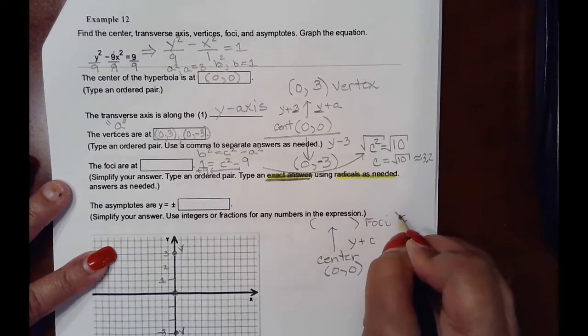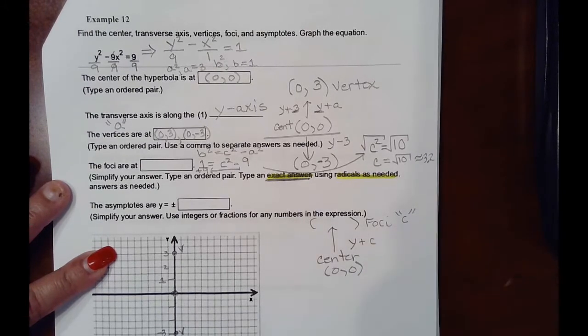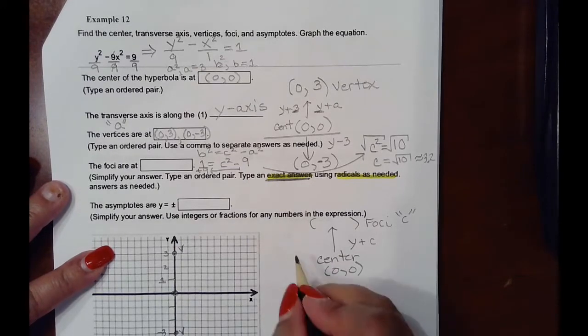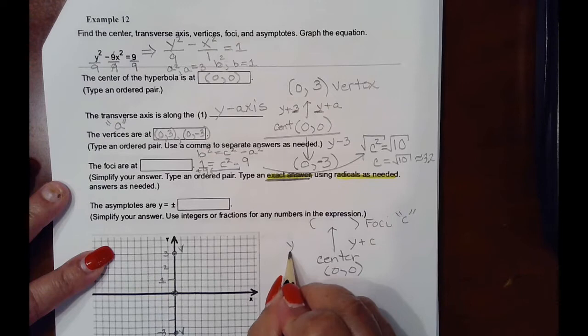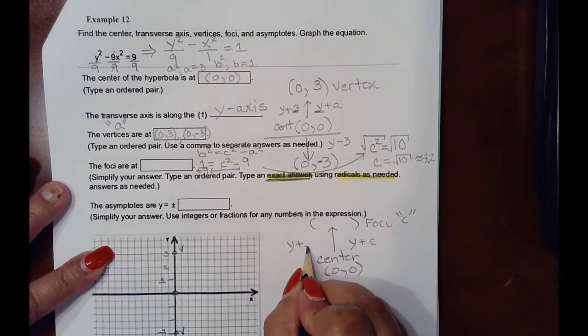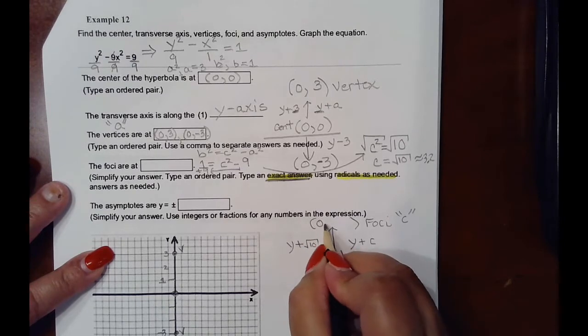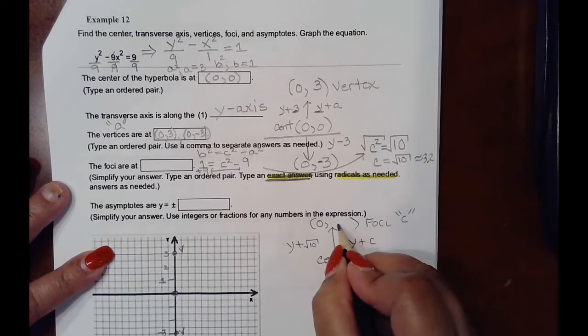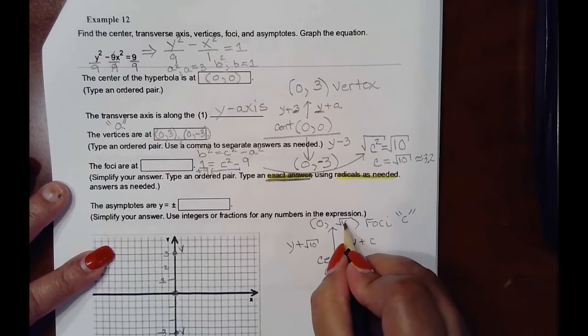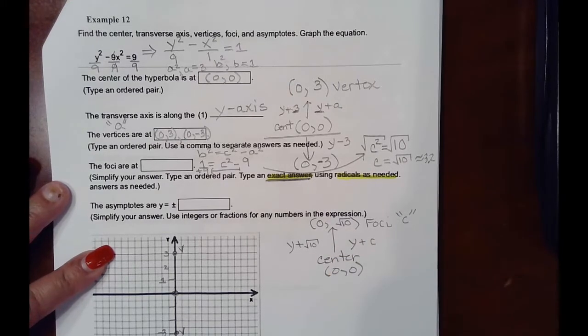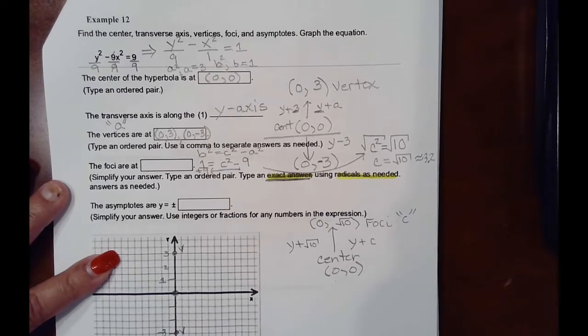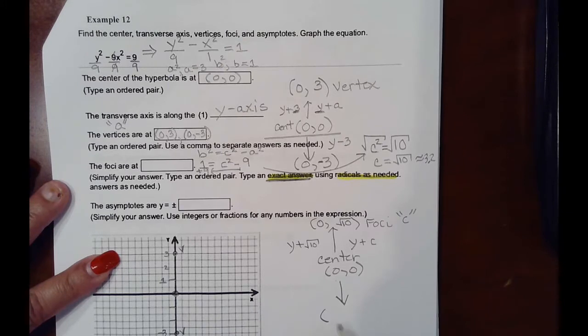Foci are always associated with the c value, whereas vertices are associated with the a value. So it's going to be the y value plus the c value, which turned out to be square root of 10. So leave the x alone and then go 0 plus square root of 10. That's where one of your foci is located. And then if you go down from the center, then you could get to the other foci.